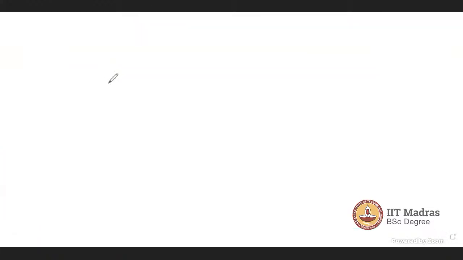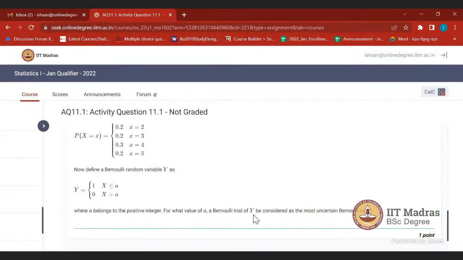So variance will be maximum when my p equals 0.5, right? Yes, sir. So here it is asking for what value of a is considered the most uncertain Bernoulli trial.